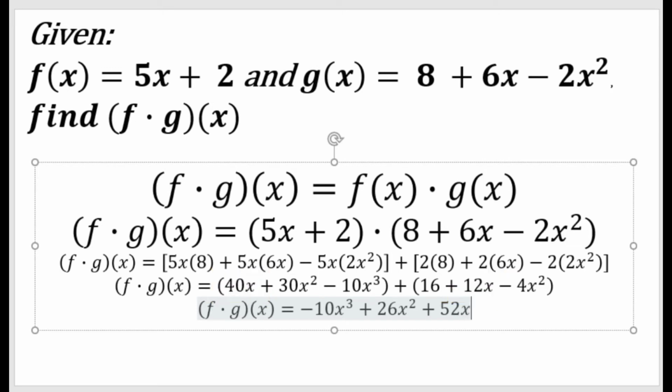And then lastly, we're going to write the constant, which is plus 16. Therefore, our final answer is f dot g of x is equal to negative 10x cubed plus 26x squared plus 52x plus 16.